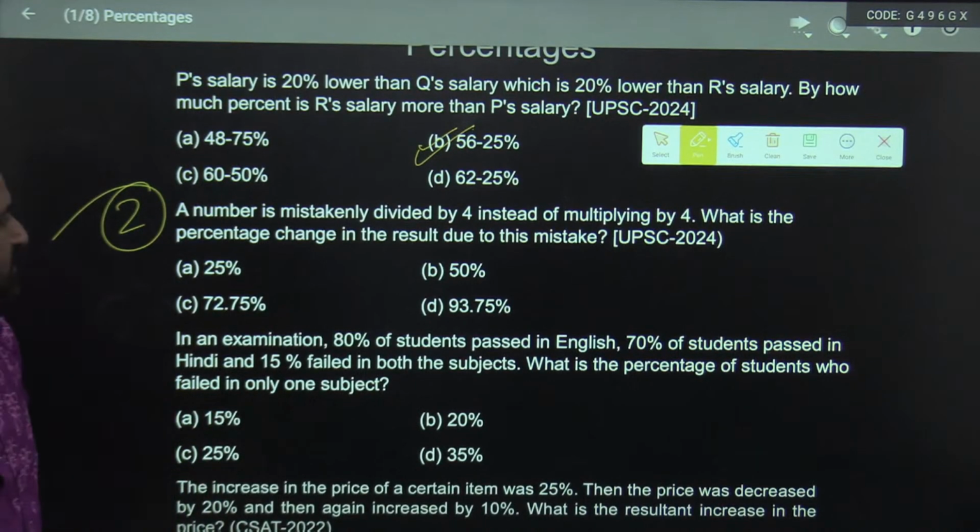What is the percentage change in the result due to this mistake?